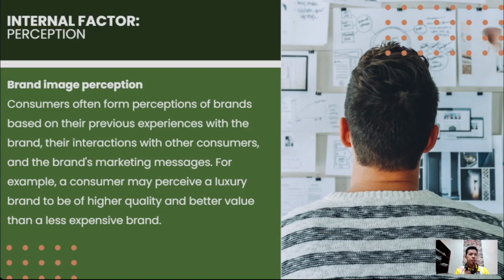So it is a matter of how you deliver the message and how you let your customer feel the goods and services that you provide them. So in a way, if you let them feel as if you provide the highest quality of product, then your customers may perceive it so.